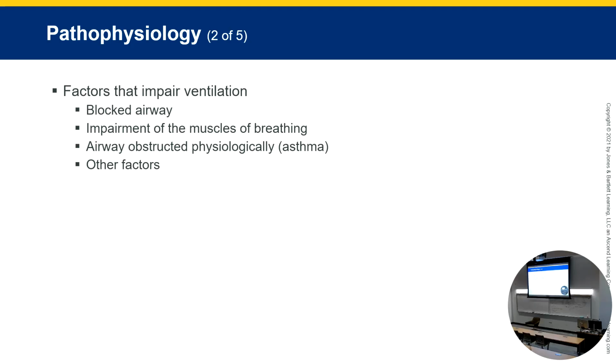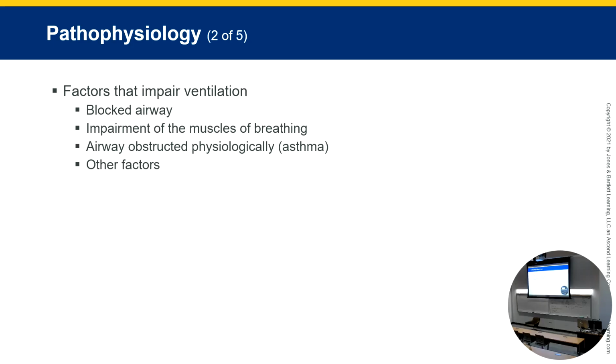Factors that impair ventilations: blocked airway, because both ventilation and respiration could impact how a person is actually getting oxygen. In terms of impaired ventilation, the action of breathing in and out, a blocked airway, so if you have a foreign body airway obstruction, that's going to inhibit your ability to breathe in and breathe out, right?